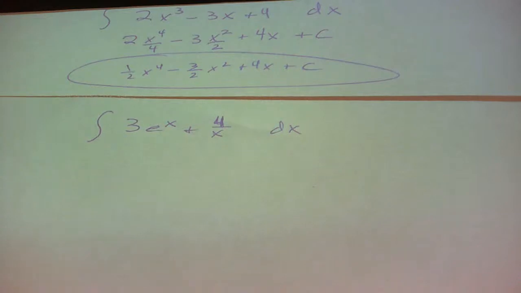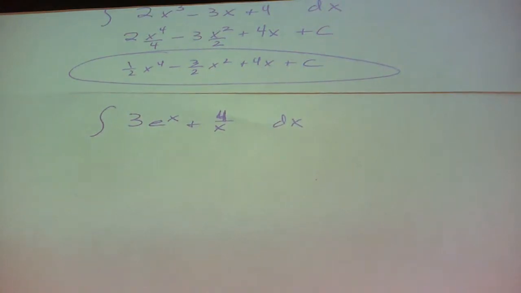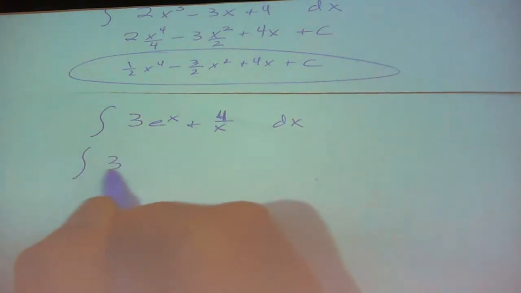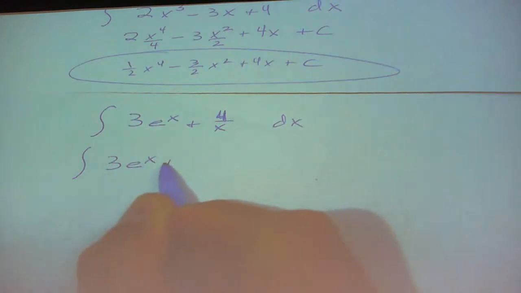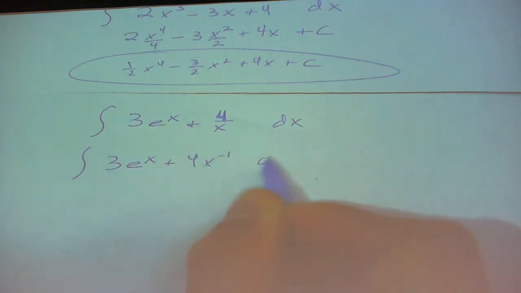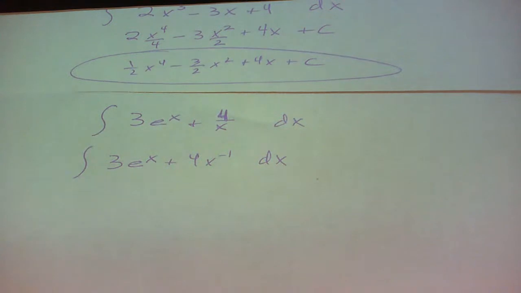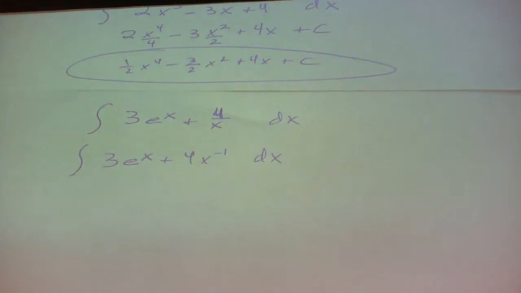Now, again, like before, when we did derivatives, it's always nice to rewrite it first. So 3 e to the x plus 4x to the negative 1 dx. But understand, that's just a rewrite. I haven't taken the integral yet. So just like with derivatives, you may want to rewrite it first, then take the integral.